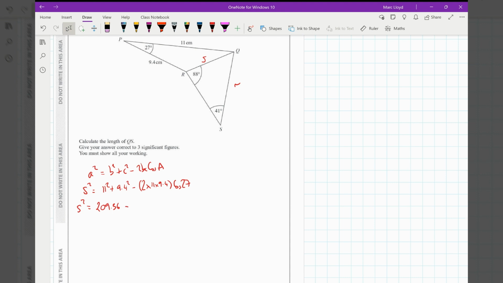And then 11 times 9.4 times 2 is 206.8, times cosine 27, and then 209.36 take away the answer, s squared is equal to 25.0998508, and then we square root it, which is roughly going to be 5.